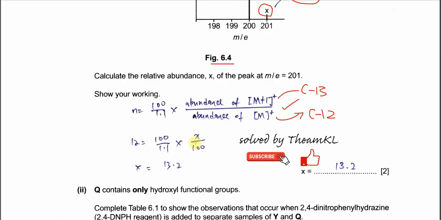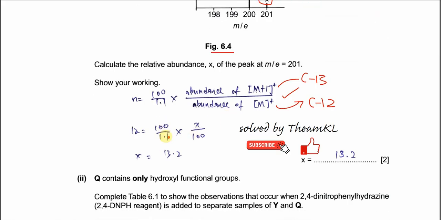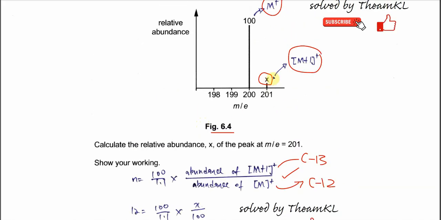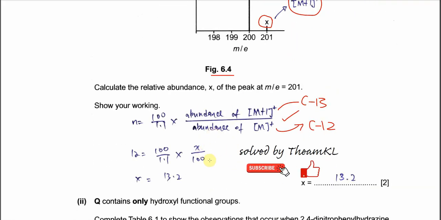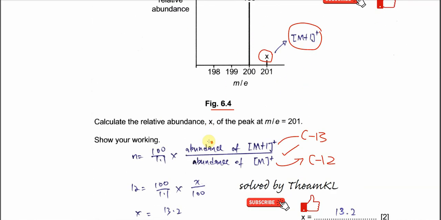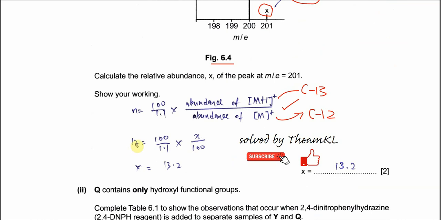So now it's quite clear. The ratio between carbon 12 and carbon 13 is always the same: 100 over 1.1 times the abundance of M plus 1, so it's X over the abundance of M plus, which is 100 here. Then you put 12 here, because the carbon number from the information just now is 12.